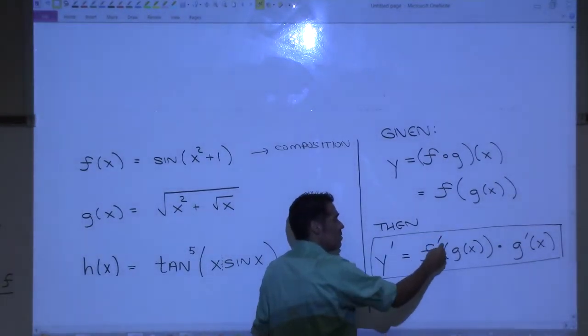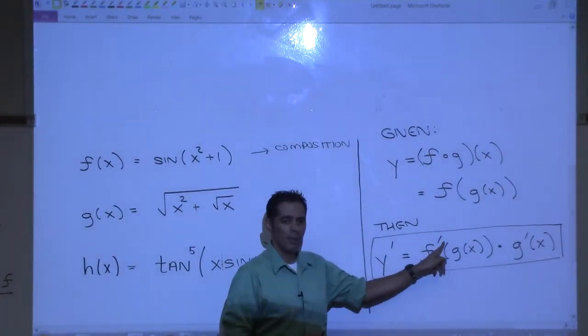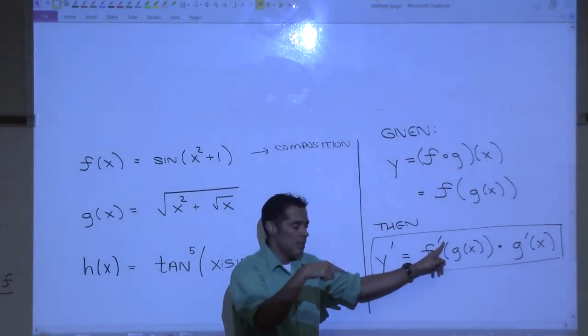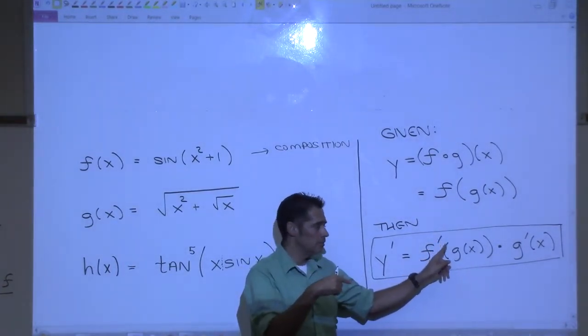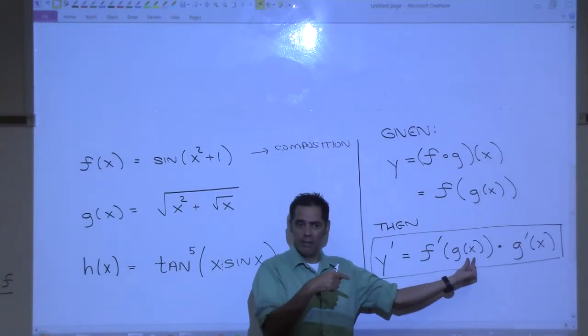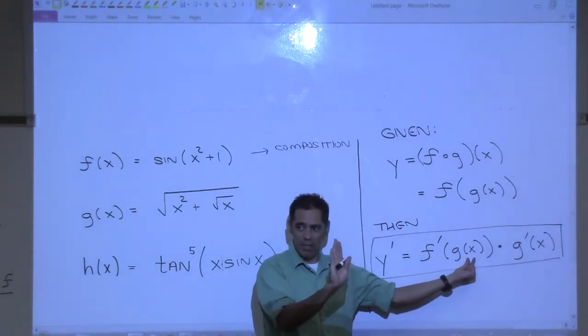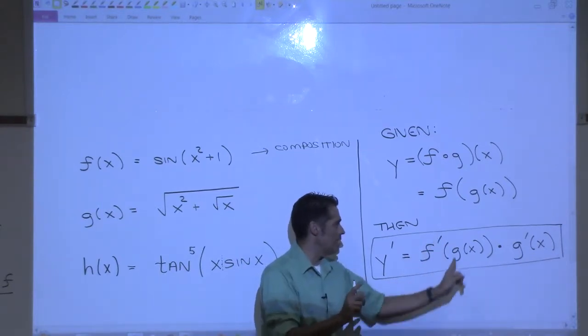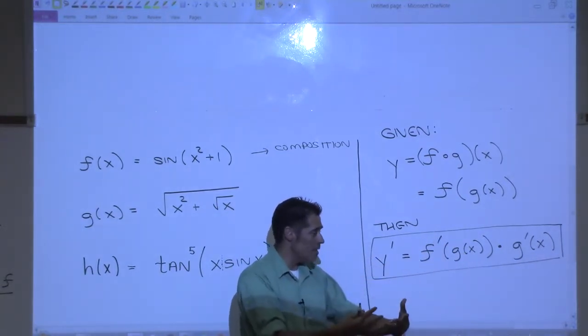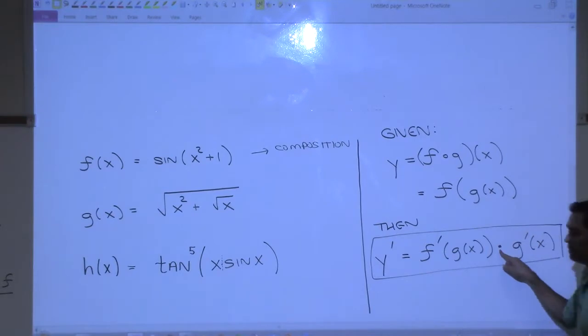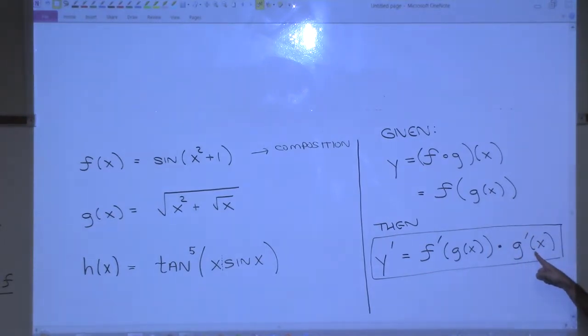You need to take the derivative of that function. But inside of it, you don't put x, you put what? You put the function g, but with no derivative. You don't want to touch it. You take the derivative of f, but plug into it g. After you do that, you multiply by what? The derivative of that piece that was inside, the g.